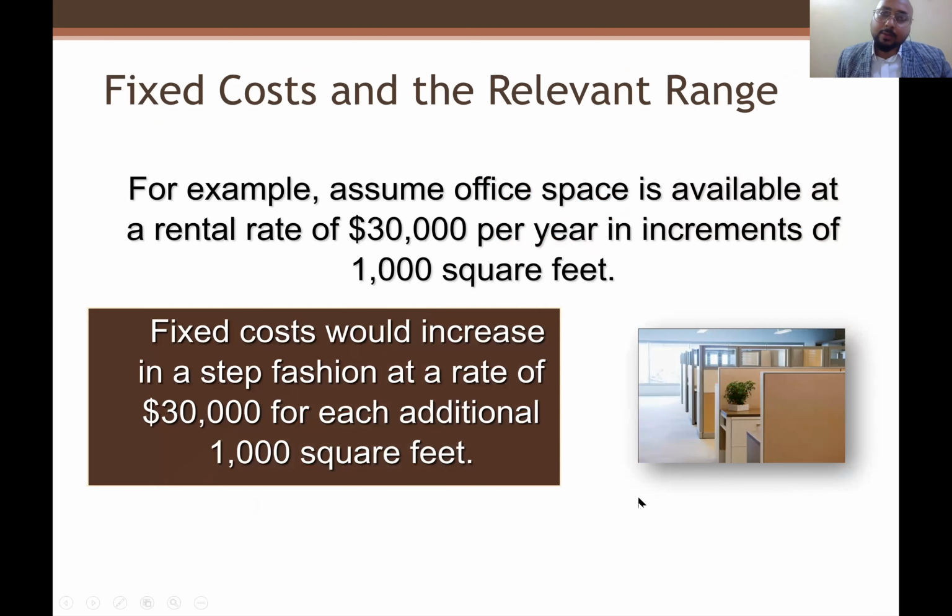So fixed costs and the relevant range, like I told you, the same example. For example, assume office space is available at a rental rate of 30,000 per year in increments of 1,000 square foot. So fixed cost would increase in step fashion, 30,000 for every 1,000 square feet of additional space required.